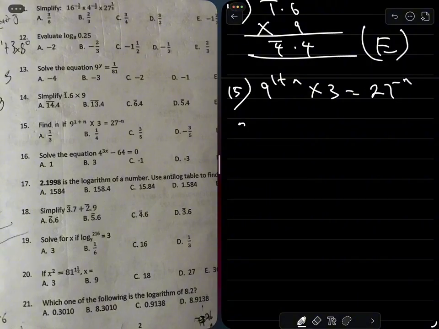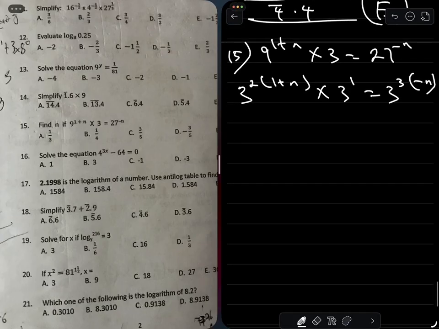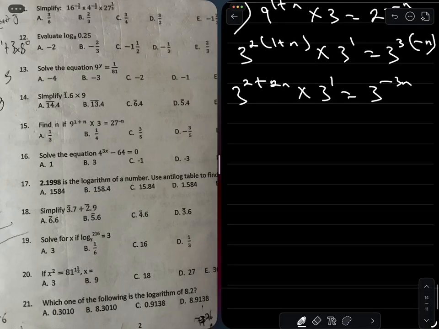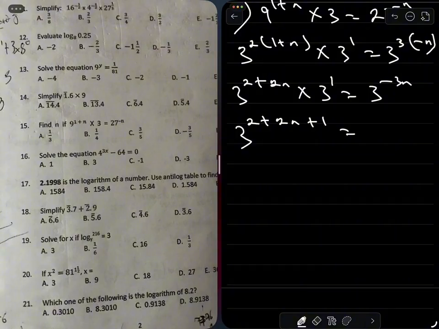So that's 3 raised to the power 2 into bracket 1 plus n, times 3, is equal to 3 raised to the power 3 into bracket minus n. Exactly, and that means 3 raised to the power 2 plus 2n, times 3 to the power 1, equals 3 to the power minus 3n.